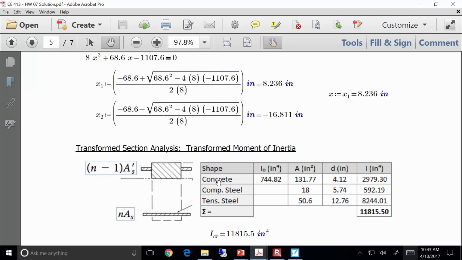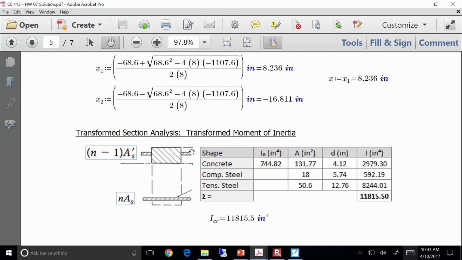Okay, all right. So if I look at this image right here, when I sum moments, I'm summing moments about this line right here, right? So for instance, if I'm talking about the concrete block, if this distance is x right here, then this distance, the center of the concrete block, is x over 2. That's that moment arm. Make sense?